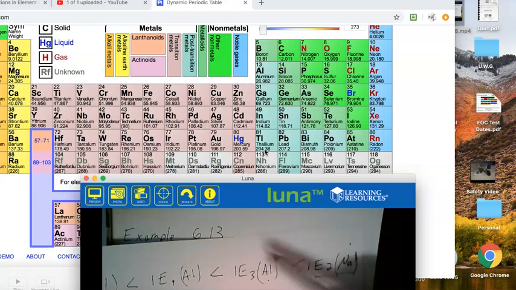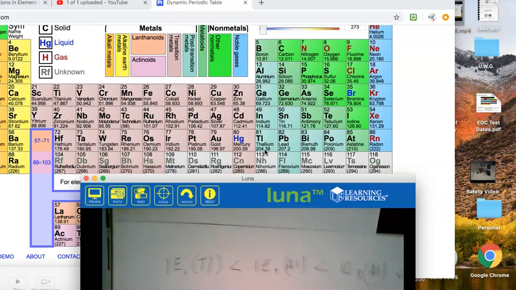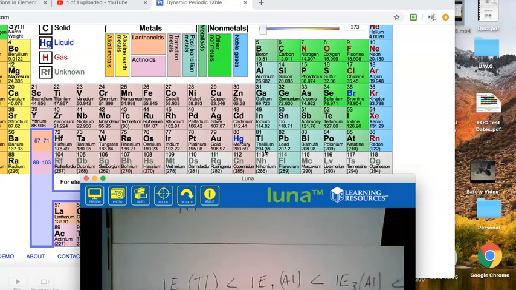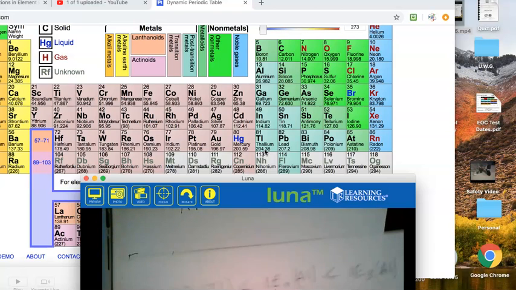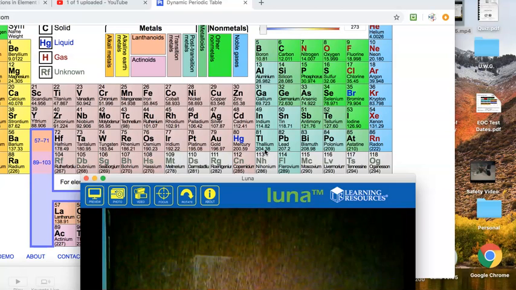Aluminum's actually going to have a noble gas configuration after the third electron is removed, whereas sodium is going to have a noble gas electron configuration before it's removed. So it takes more energy to remove that second electron from sodium. Okay. So these are the things you have to think about when you're trying to rank different elements based off of ionization energy or atomic radius.